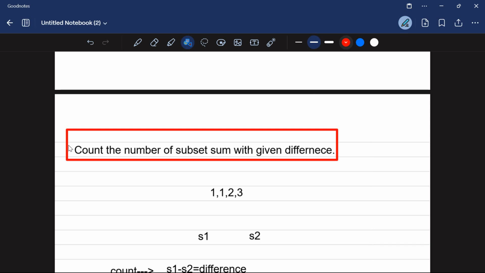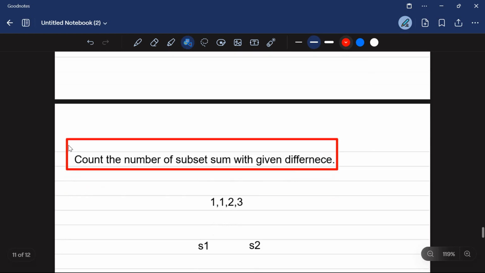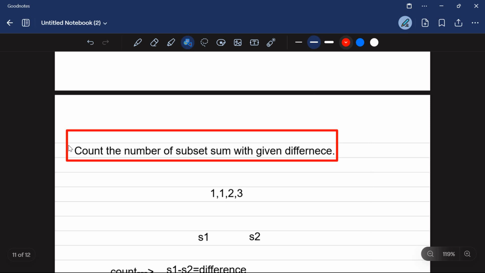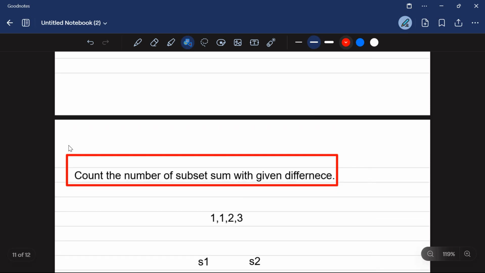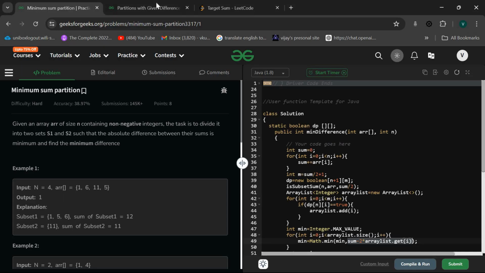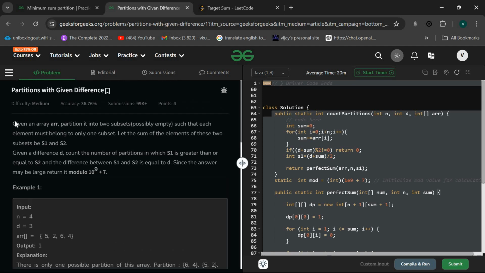In the above question, they asked us to find the minimum difference. But in this case, they gave us the difference. Given an array, partition it into 2 subsets such that each element must belong to only one subset.